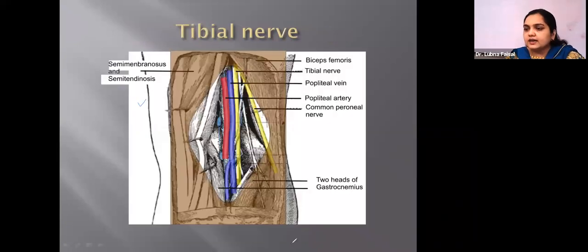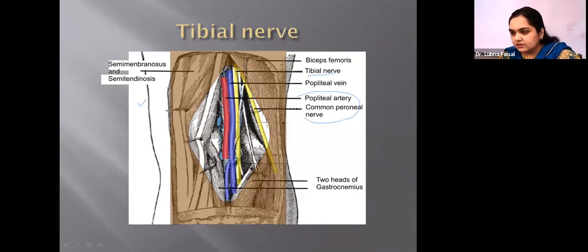Here you can easily identify this is the popliteal fossa. The two heads of the gastrocnemius muscle form the inferior boundary. This is the medial and the lateral head. And here the sciatic nerve divides into two terminal branches in the popliteal fossa, which we will discuss in detail in the popliteal fossa lecture as well. This is the tibial nerve, and here you can identify the common peroneal nerve.